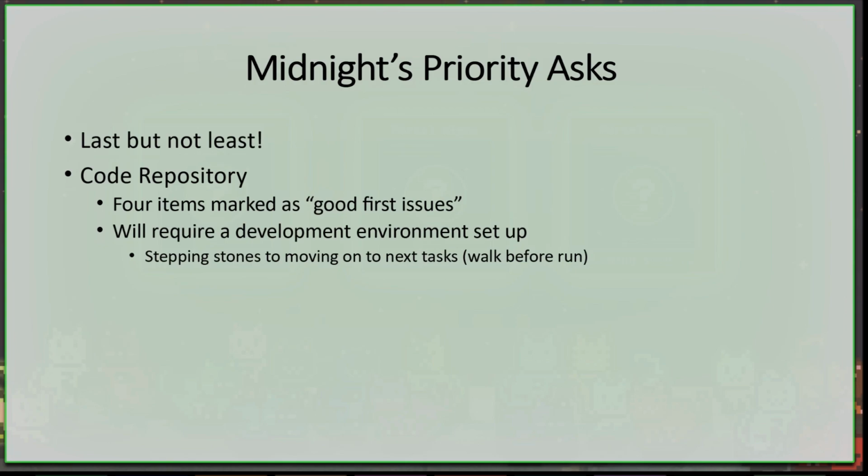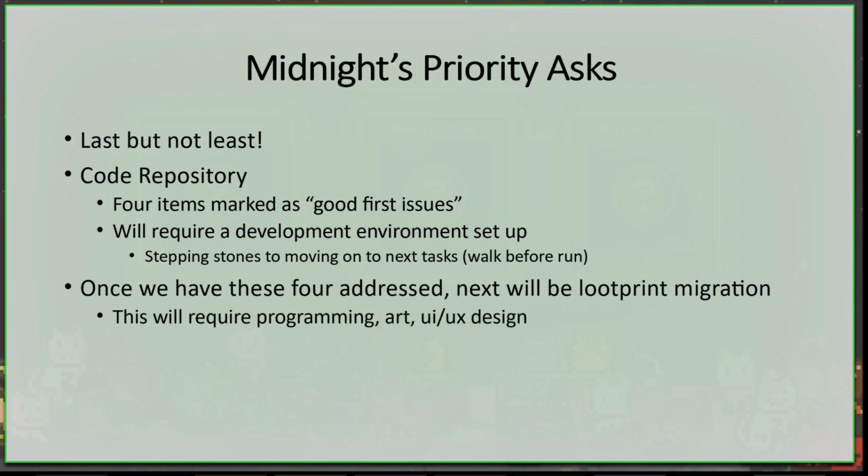But really, we view completing these 4 tasks as the walk before you run mindset. We really want these to be viewed as stepping stones for the community to take ownership of before we start assigning more complicated tasks.